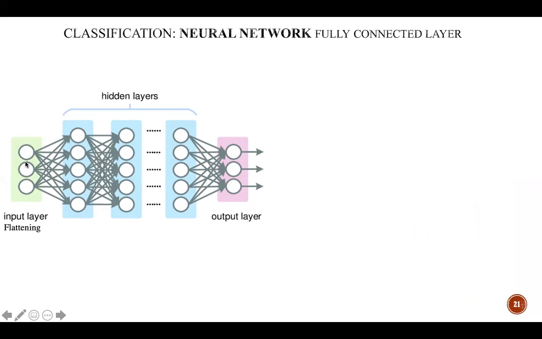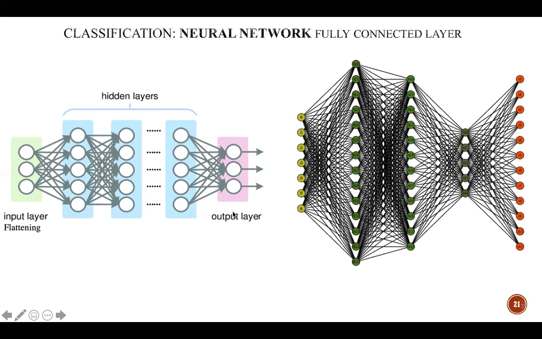Now, for simplicity, say you have 3 numbers here, and you decide to generate some hidden layers. These are neurons, and each neuron will be connected to every single neuron in the layers that are coming afterwards. And finally, you have an output layer. Now, of course, things are not simple.